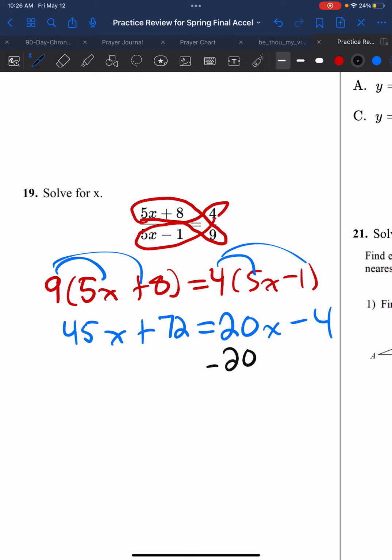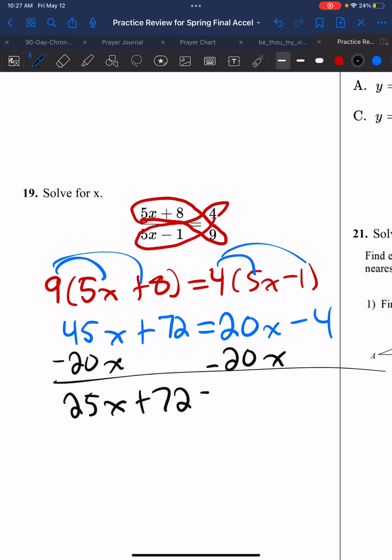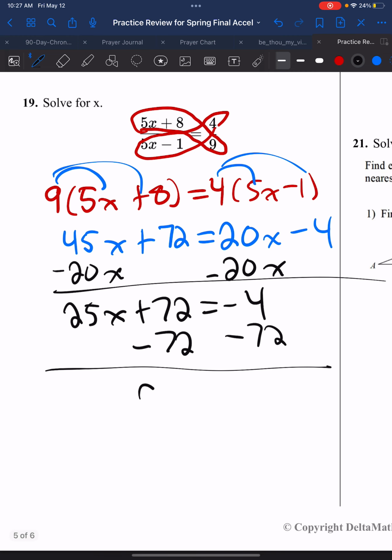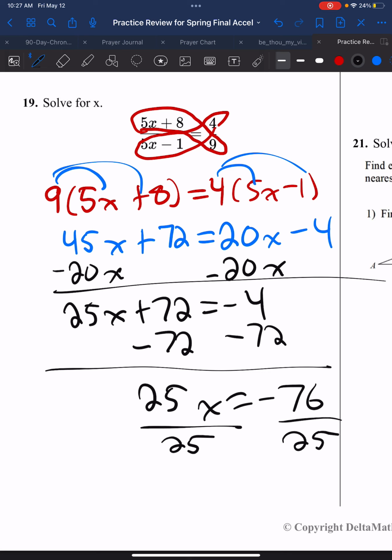So minus 20x, minus 20x, which is going to be giving me a weird number. So 25x plus 72 equals -4. Then I'm going to subtract 72 on both sides. That gives me 25x equals -76. Divide by 25 on both sides.